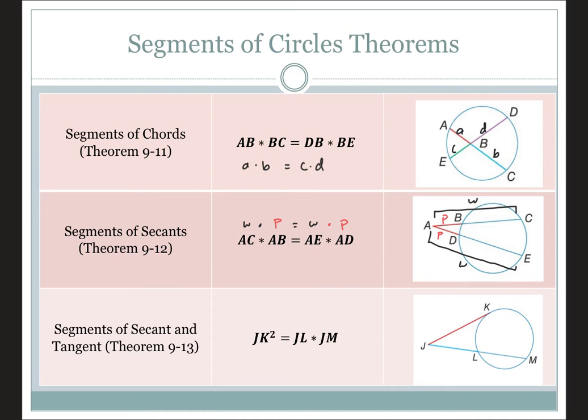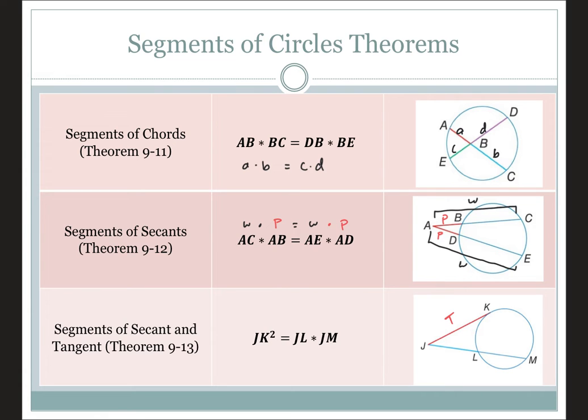Finally, we have the segment of secants and tangents. So this is where you have a secant and a tangent, as the name suggests. The nice thing about this one is it's very similar to the segment of secants. But instead of there being a whole times an outside piece, you just have this tangent line.